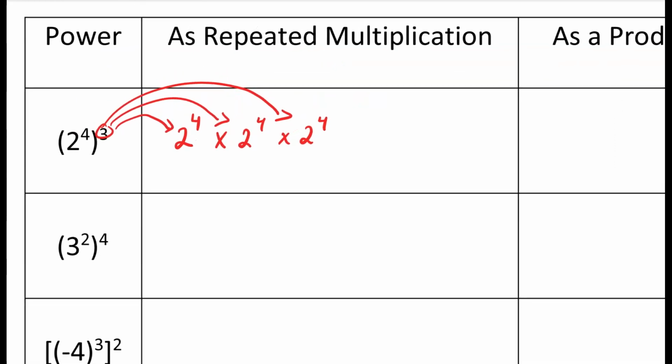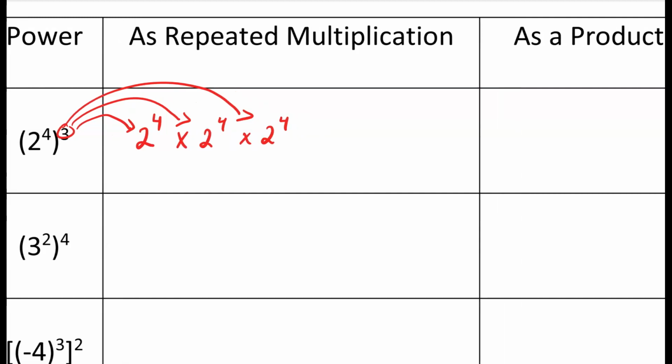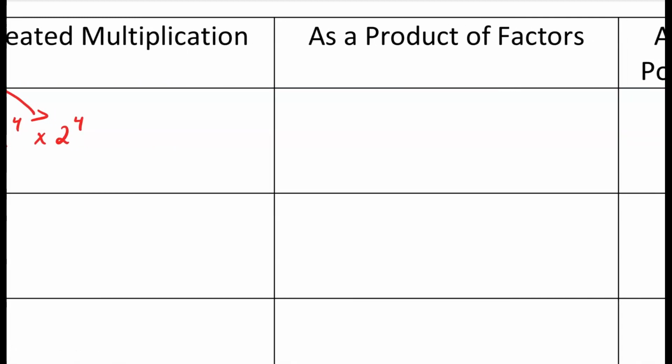So when we wrote out the repeated multiplication, it looks like this. And writing out as a product of a factor, we have to take this further. Just like we did previously when we would write the repeated multiplication and expand it, we're doing that again.